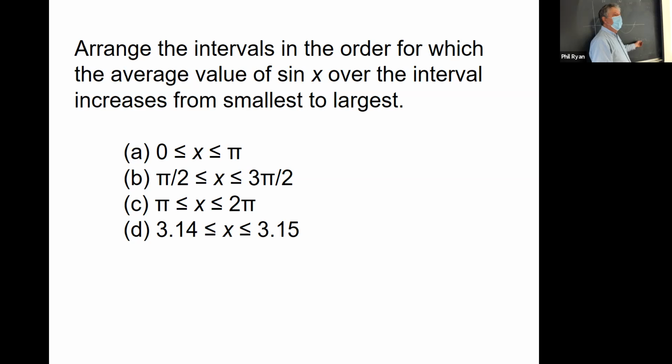So what can you tell me about this average value here? Yeah, it's going to be greater than 0, because between 3.14 and 3.15, for most of it, it's on the 3.15 side. And so it's going to be more than B. Is it going to be more than A? No, because A is up here. Okay, does that make sense?